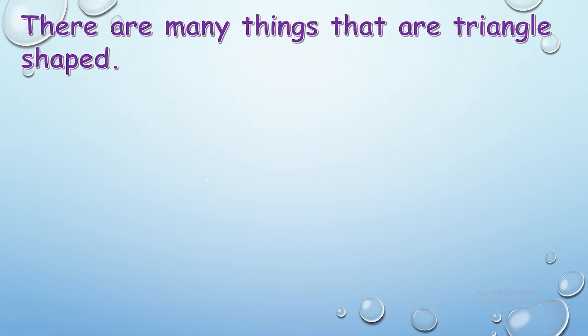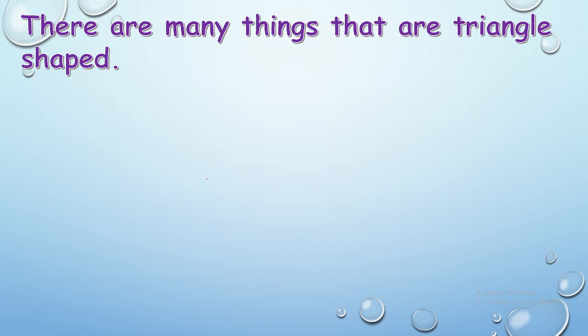Now, can you tell some objects, things that are triangle in shape? A triangle ruler. Yes, there's a triangle ruler. What else? Food. There are many kinds of food that are triangles if you slice them. Pizza, a slice of pizza.